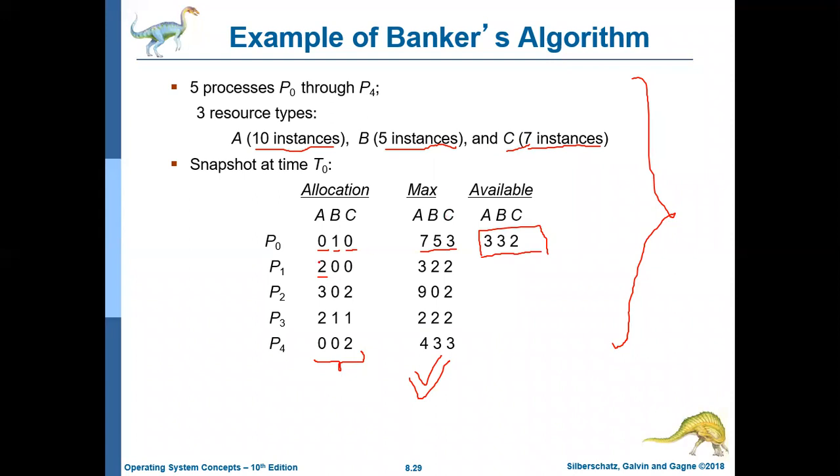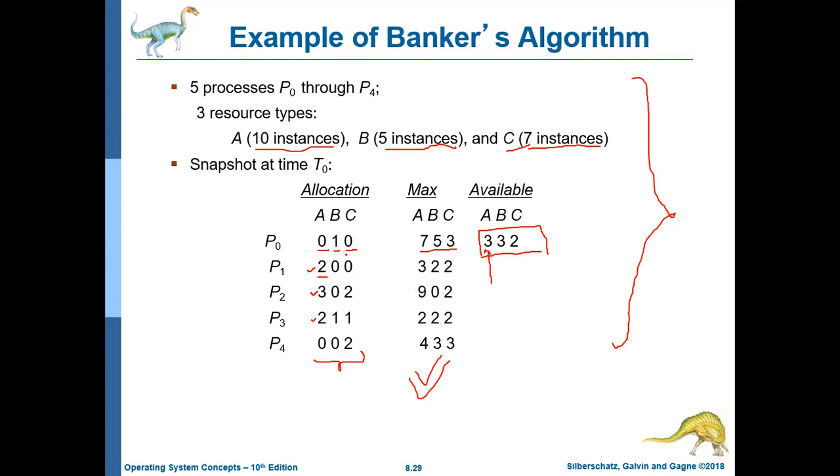How many A have you allocated to the different processes? 2A we have given to P1, 3A to P2, 2A to P3. 3 plus 2, 5 plus 2, 7. 7 A's we have already allocated. Total was 10, 7 allocated, so 3 A are remaining.